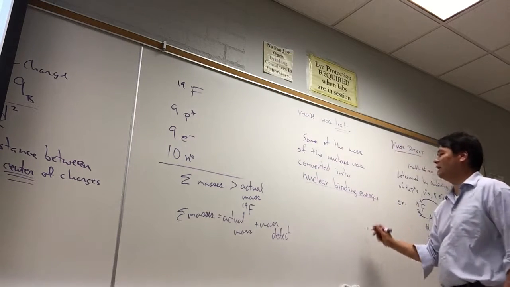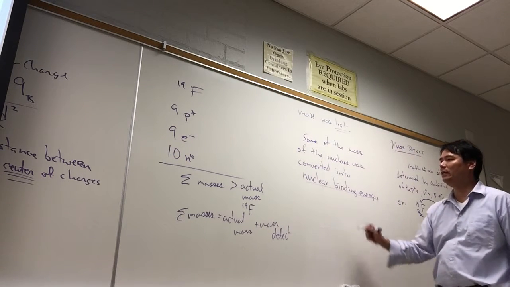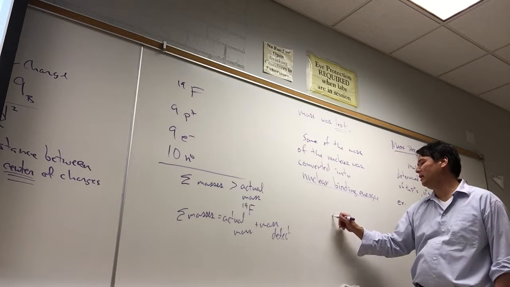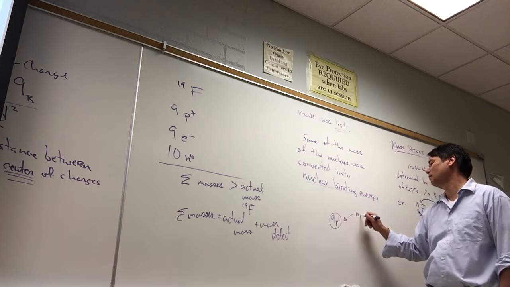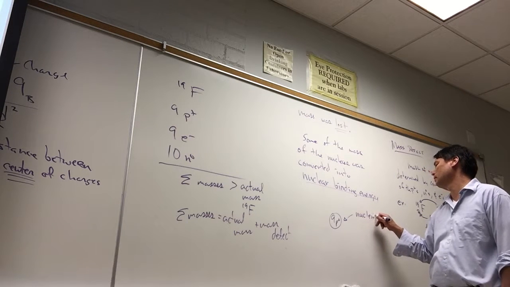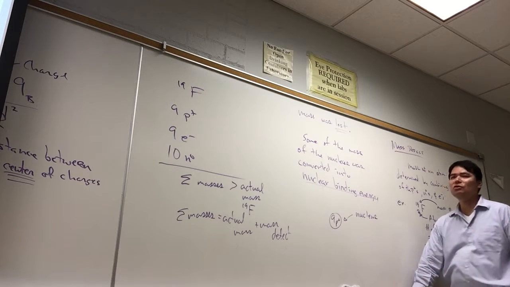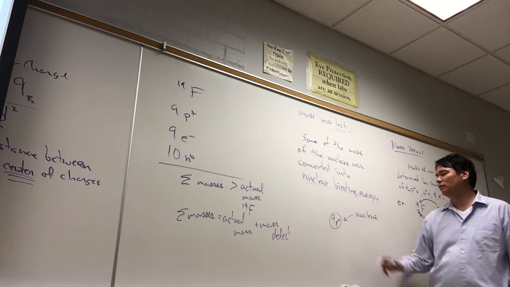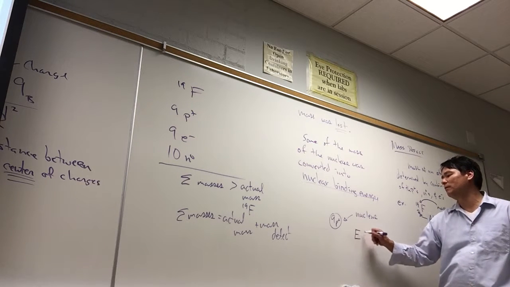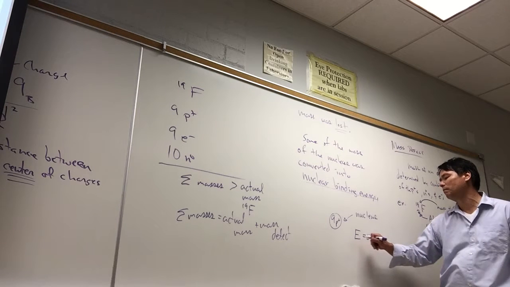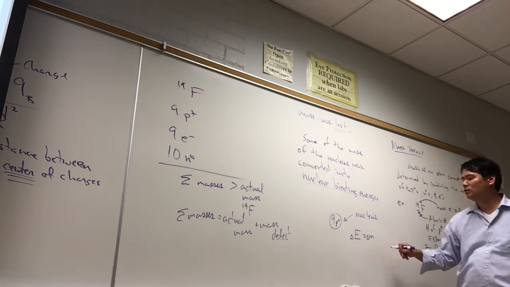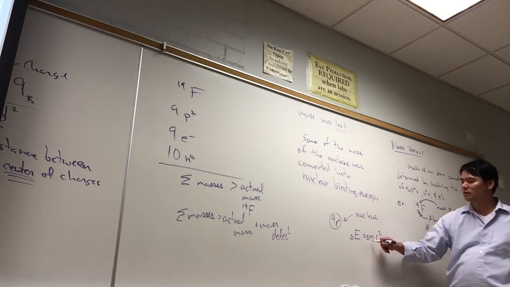The nuclear binding energy, why do we need that? Well, the reason we need that is because we have 9 protons in the nucleus. And we're talking about the nuclear force. Well, the nuclear force converts some of the mass into energy to hold that nucleus together. And so the nuclear binding energy is equal to this delta M.